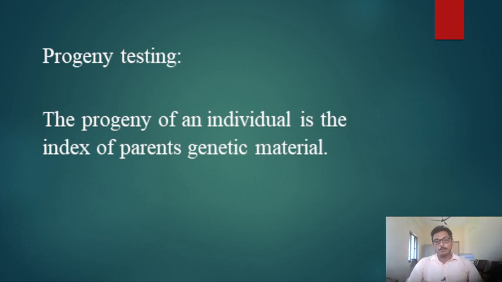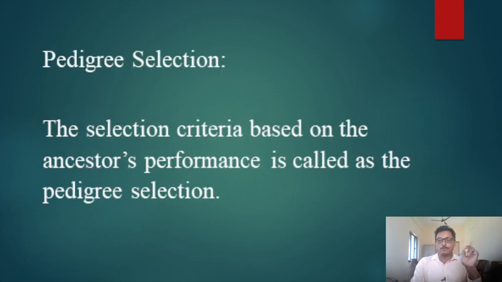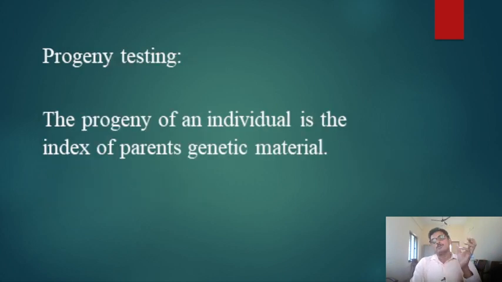So we can know the genetic material of the children from the parents' genetic material. That is the progeny testing. From this progeny testing and also from the pedigree selection, we can analyze these animals according to the high yielding capacity.